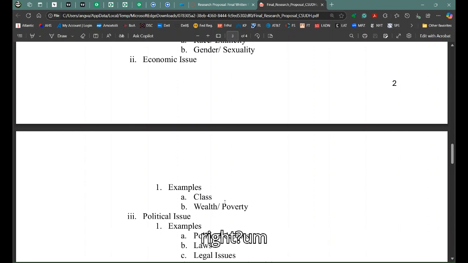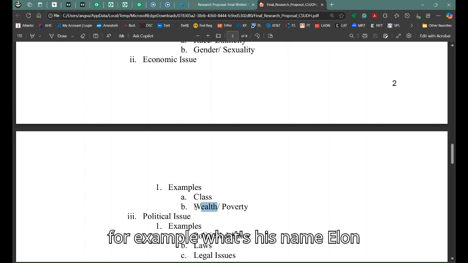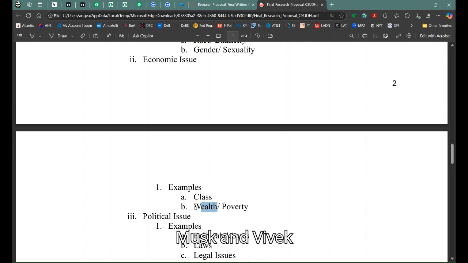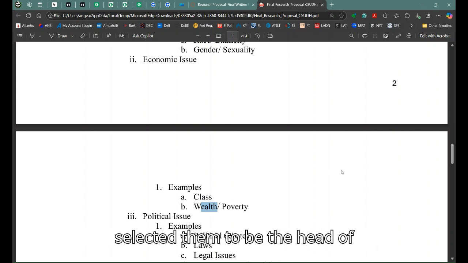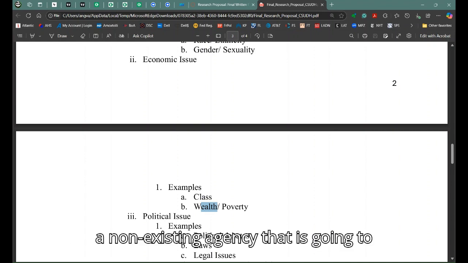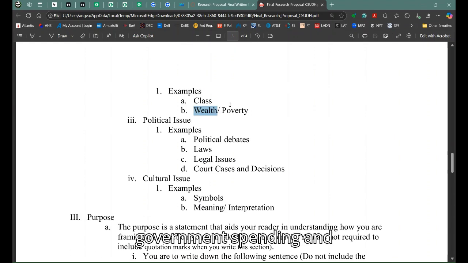Another example of wealth would be, for example, Elon Musk and Vivek Ramaswamy, because apparently Trump selected them to be the head of a non-existing agency that is going to try to cut government spending.